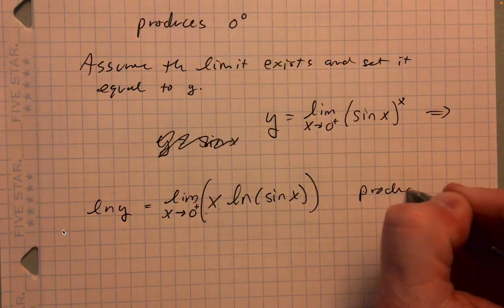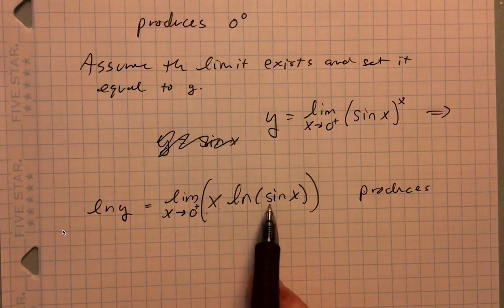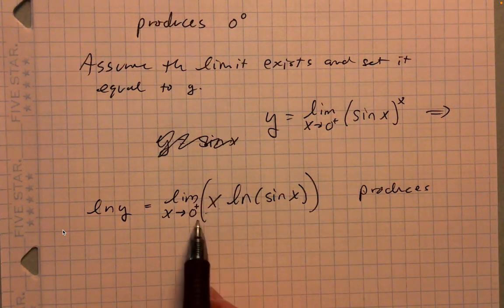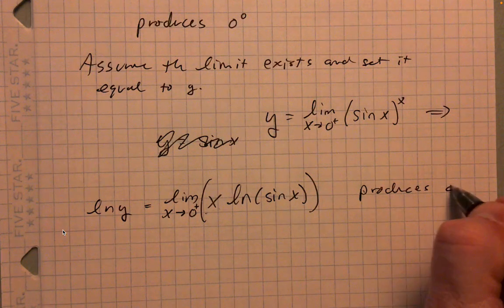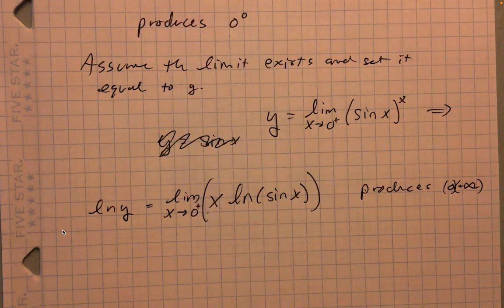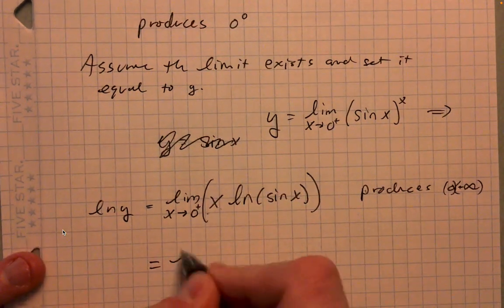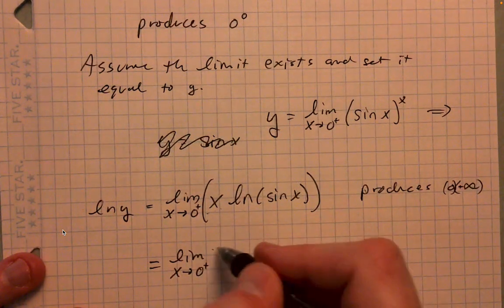This is producing 0 times the natural log of sine x, so this would be 0 times negative infinity, right? Which isn't right yet. So we need to still maneuver it a bit. The next thing to try would be this, just to produce a ratio.